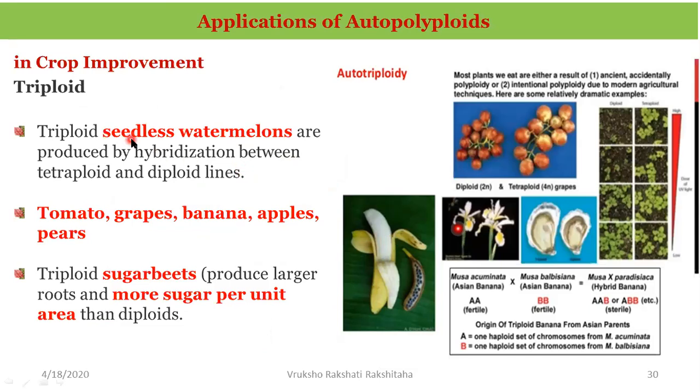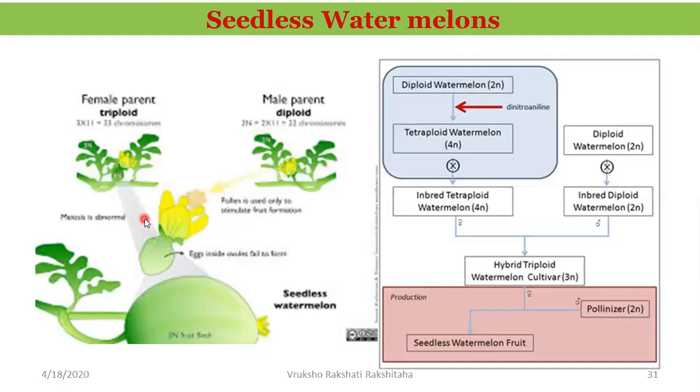So we have triploid seedless watermelons, and similarly triploid seedless grapes. So this is how the seedless watermelons have arisen. This is for your extra knowledge.